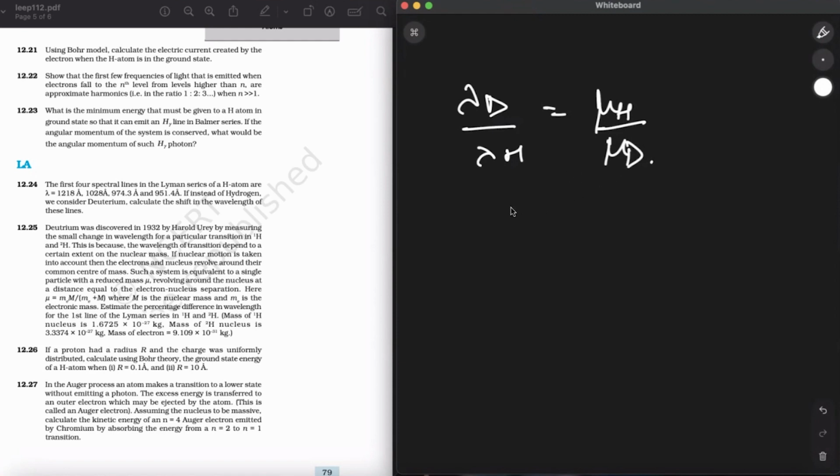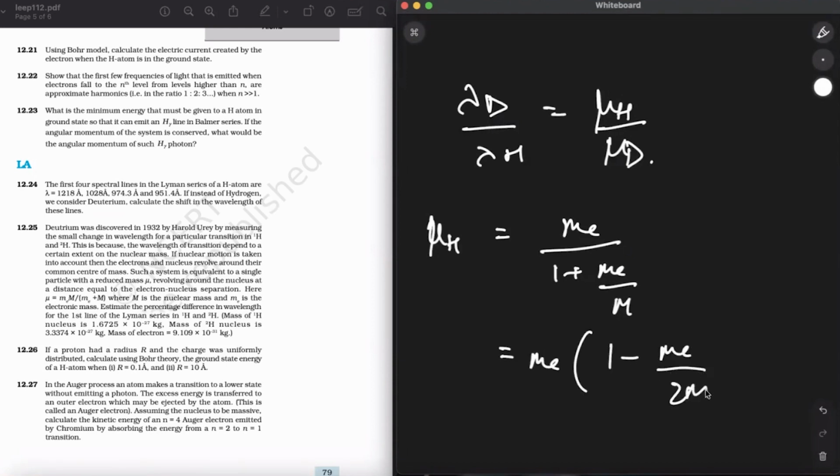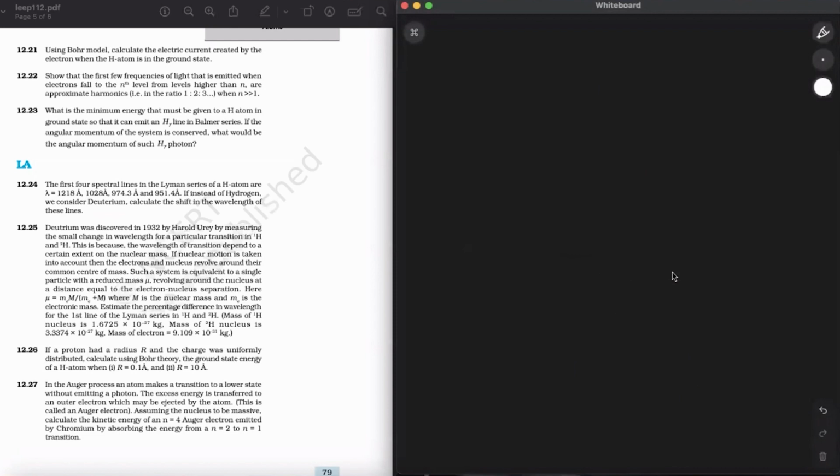So now how to write reduced mass for hydrogen? Mu H will be mass of electron upon 1 plus mass of electron divided by M. So simply writing it like this, M upon 2M. Alright. And mu deuterium will be the same, right? Now in mu deuterium 2M will come. Mu deuterium will be 2M times Me.